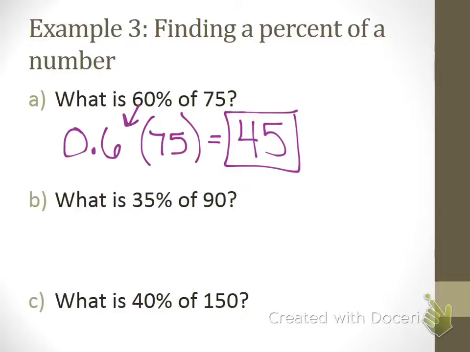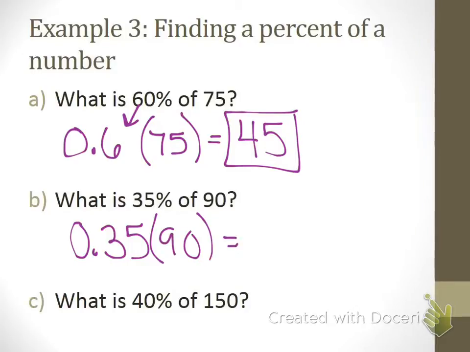All right, so what is 35% of 90? What do I do first? Change the percent to a decimal. So what's 35% as a decimal? 0.35 times 90 is what? 31.5.